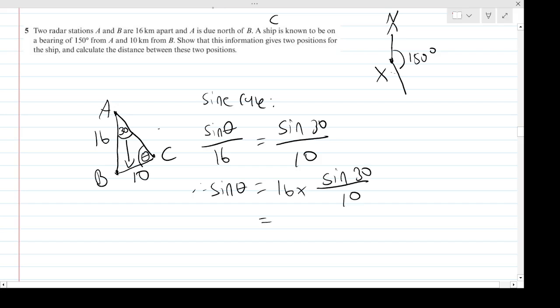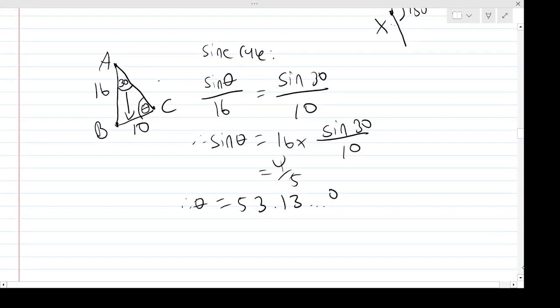And if I work that out on a calculator, I get 4 over 5. So therefore theta, if I do inverse sine, I get 53.13 degrees.